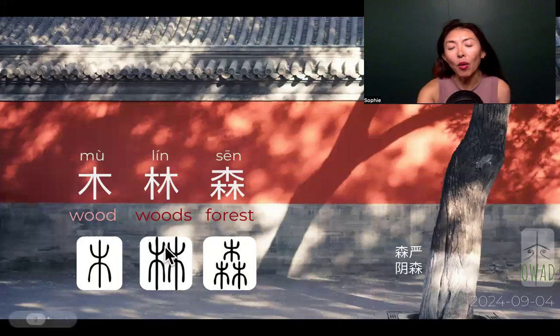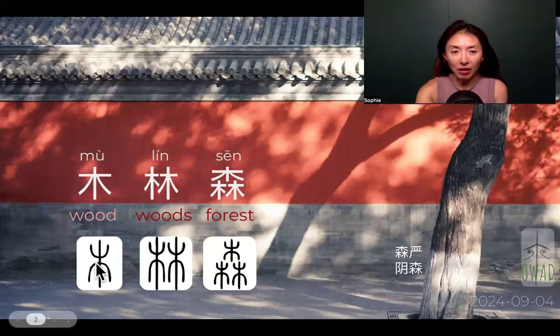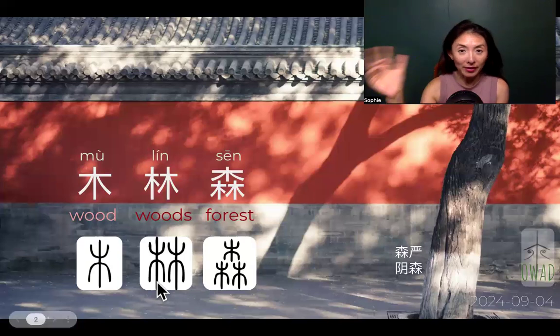Versus Chinese, when we are expressing woods versus forest, well, first off, what is wood? At the beginning of my One Word a Day episodes, I was visualizing it differently, but now I'm totally agreeing with the view that the top curves are the canopy of the tree.